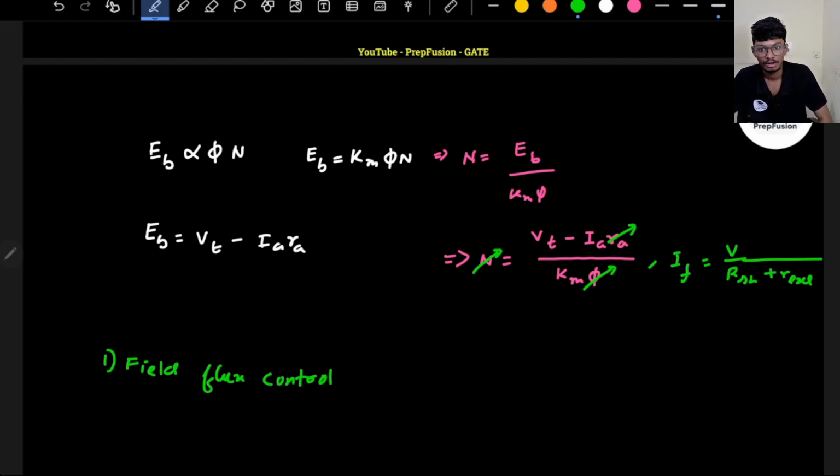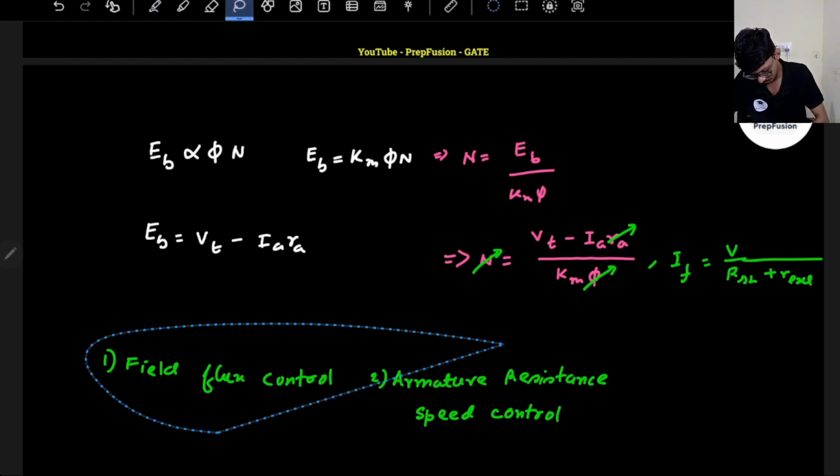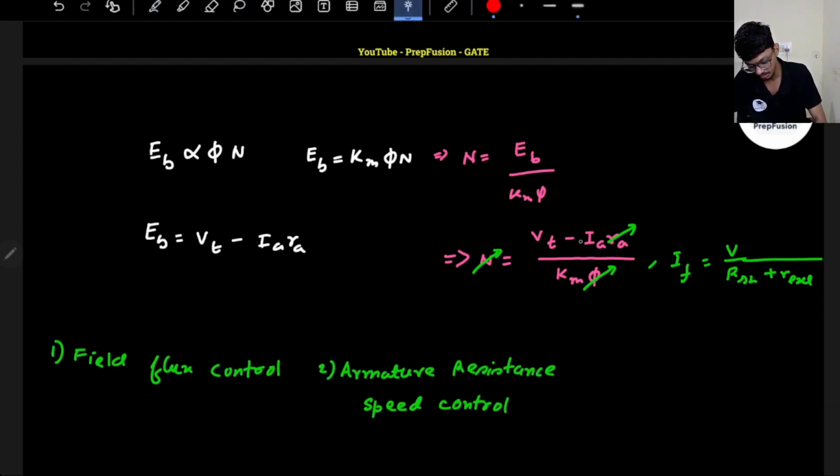Now, what is the second one? The second one is armature resistance speed control. Basically, here we connect an external resistance with the armature.